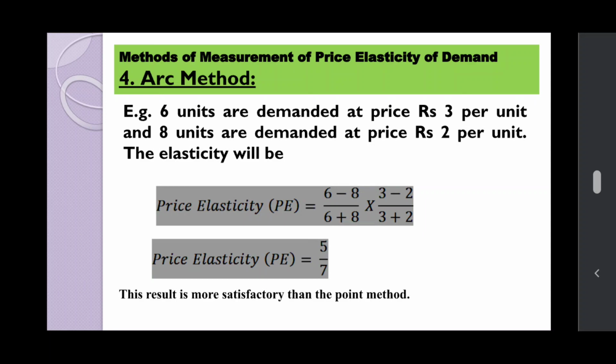If we put the data into the formula, we get the answer, that is 5.7. It means that elasticity is less than 1, and the result is more satisfactory than the point method.